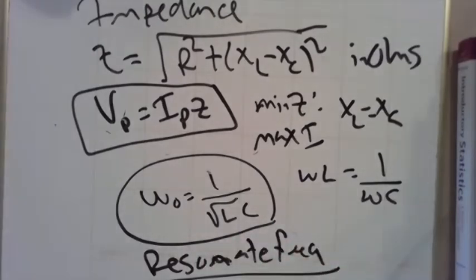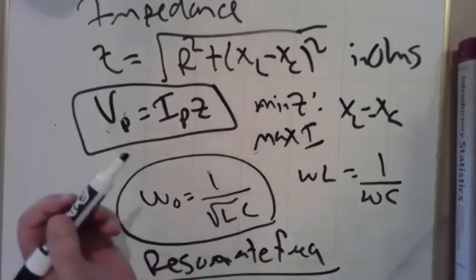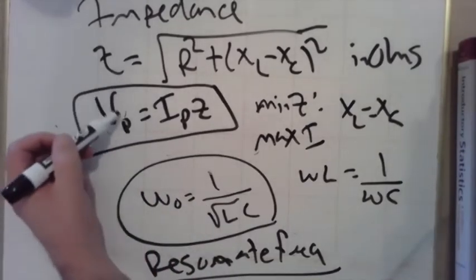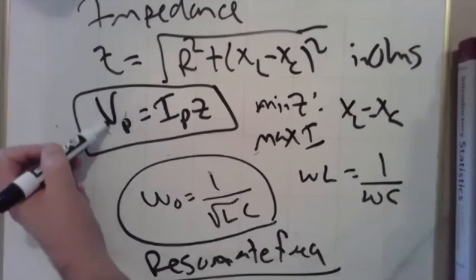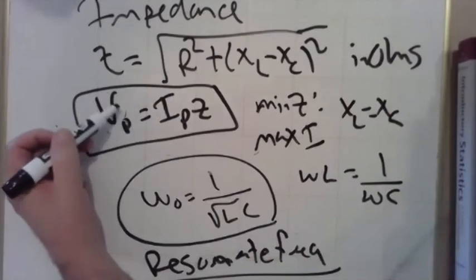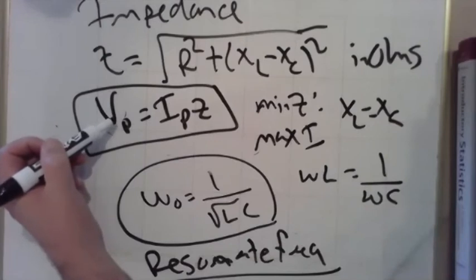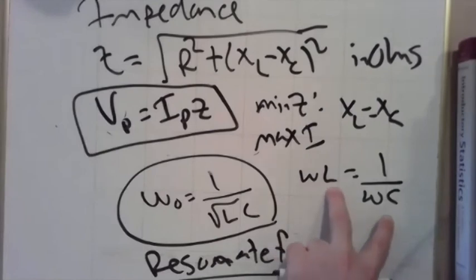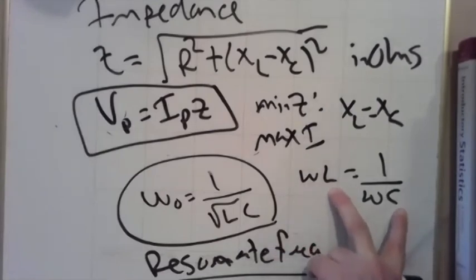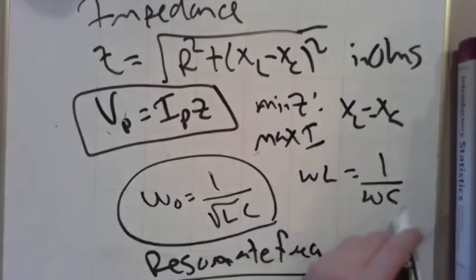So if we can balance everything out in our circuit just perfectly, I have some voltage, I can either change my voltage, pick the right oscillation frequency, the right omega to make this thing balance out, or maybe I can adjust either my inductor or my capacitor, adjust L or C. I can adjust C by changing the width in between my plates.